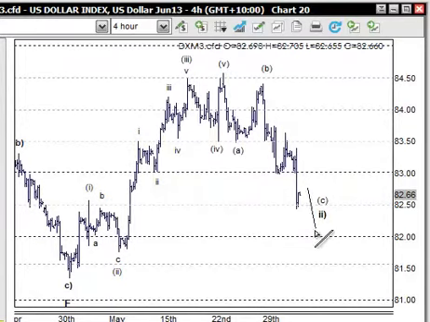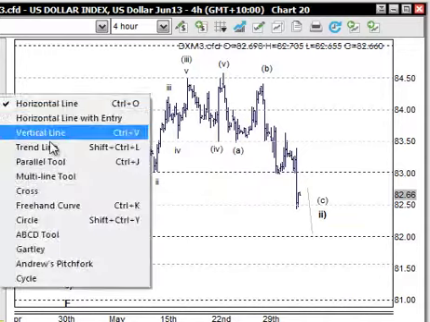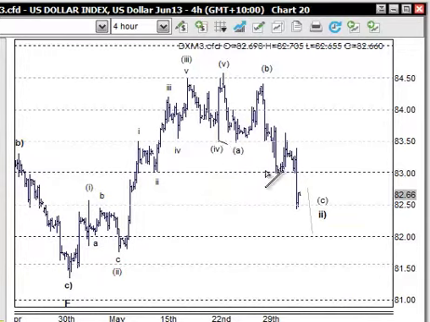The other side to this, as I mentioned, is that if we're looking for a C wave here, we're looking for a more lazy move down, not so fast. This breaking of the previous low through here was quite swift, and that's normally the expectation of a 3rd wave unfolding to the downside. So it is a bit of a concern.